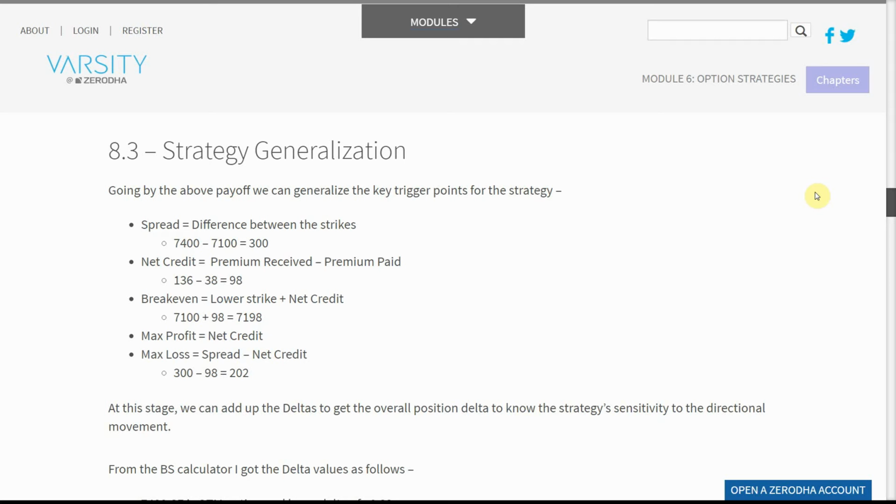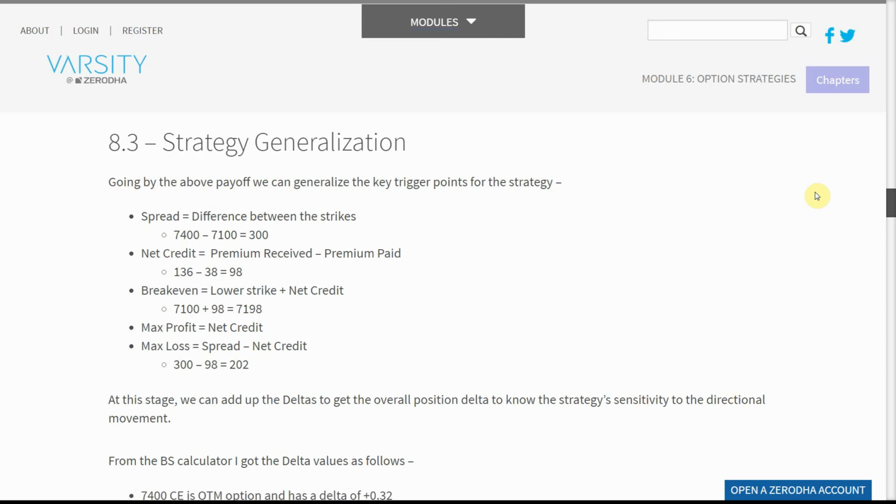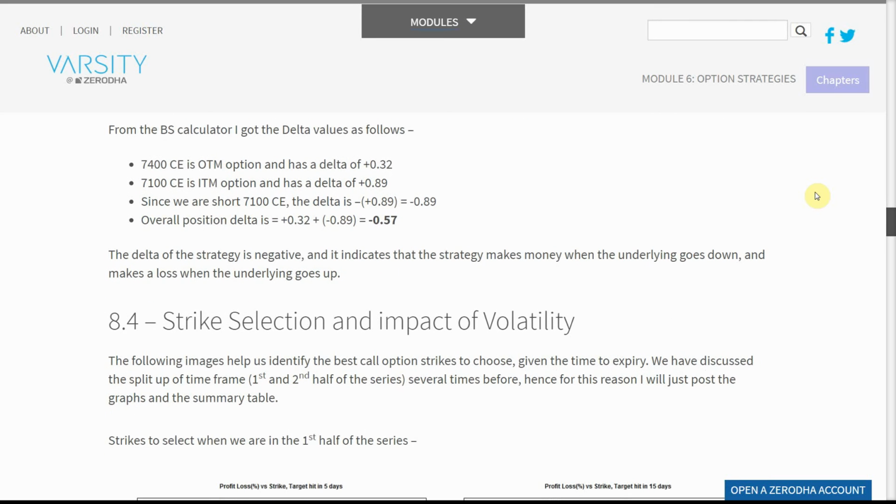At this stage, we can add up the deltas to get the overall position delta to know the strategy's sensitivity to the directional movement. From the BS calculator, I got the delta values as follows. 7400 is an OTM option and has a delta of plus 0.32. 7100 is an ITM option and has a delta of plus 0.89.